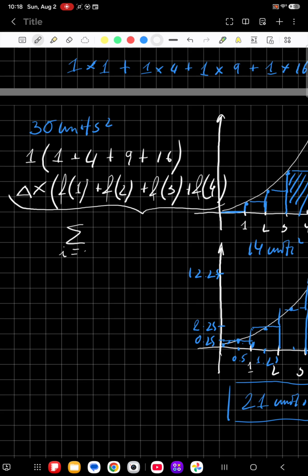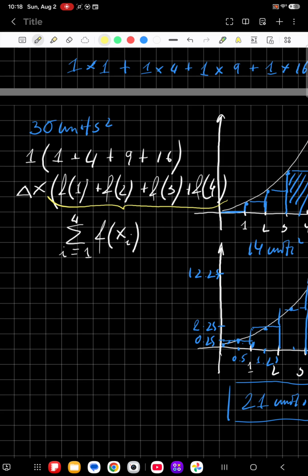It's going to go from 1 to 4, and it's going to be f of x_i. So this is simply, actually, it's more like this. That's the sum of those heights.